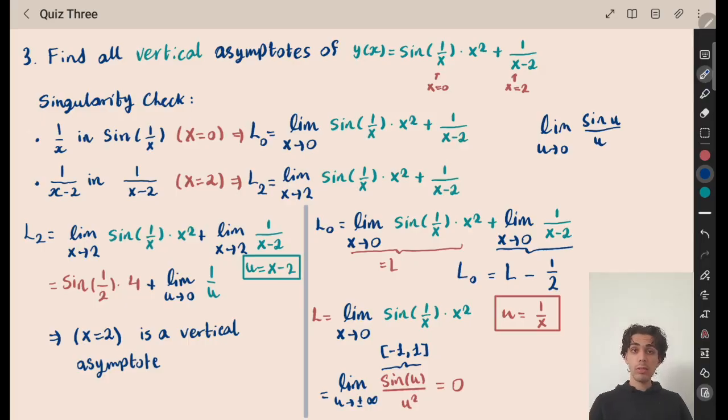Another way you could reason about this without having to write this whole bit is you can look at this limit. The limit is going to 0, and you can take it as a fact, more or less, that the x squared function grows faster than the sine function. So if it grows faster, then it will beat it to 0.